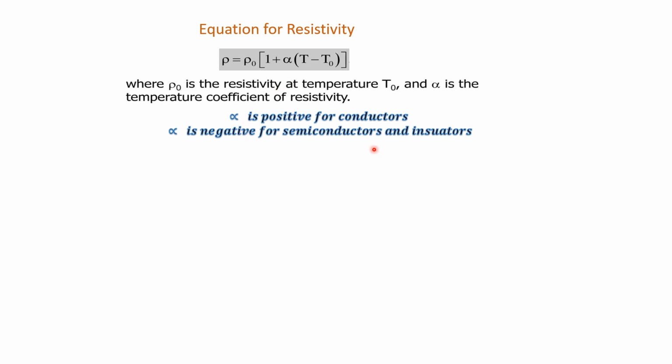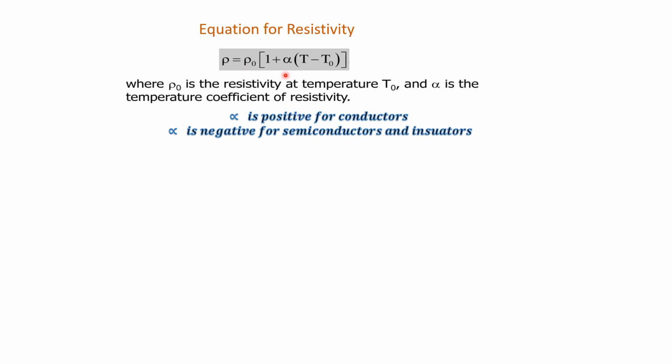In case of semiconductors, alpha takes negative values. So the resistivity at the temperature where we want to obtain will be less than the resistivity at a lower temperature.